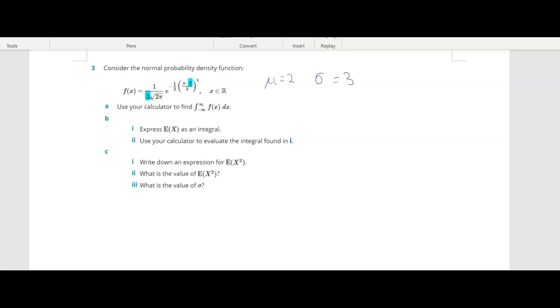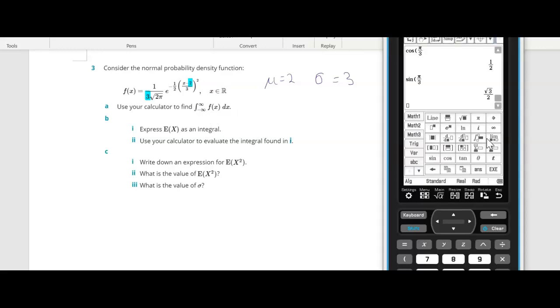Your standard deviation is 3. All right, so for part A, use your calculator. It's probably just asking us to prove that these are true. So let's get that up. Now I'm going to define this because it's quite a tricky one. So I'm going to define f of x.